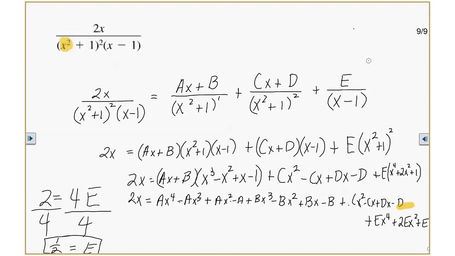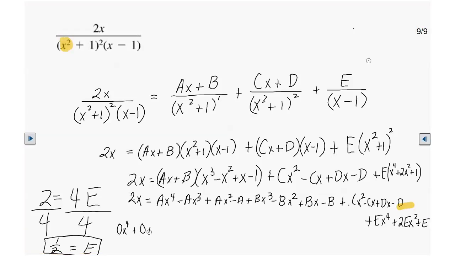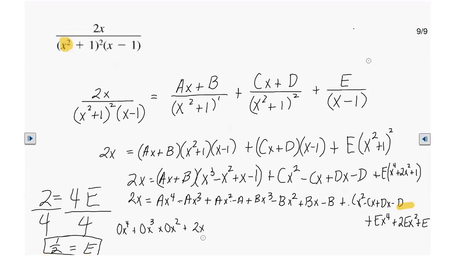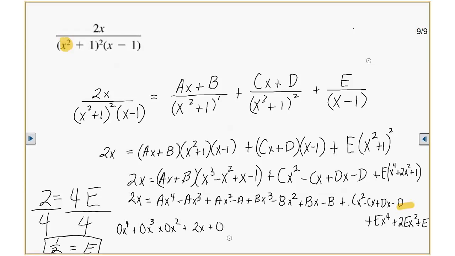So now all my x to the fourth terms, okay, 0x to the fourth plus 0x to the third plus 0x squared plus 2x plus 0 is equal to a plus e.